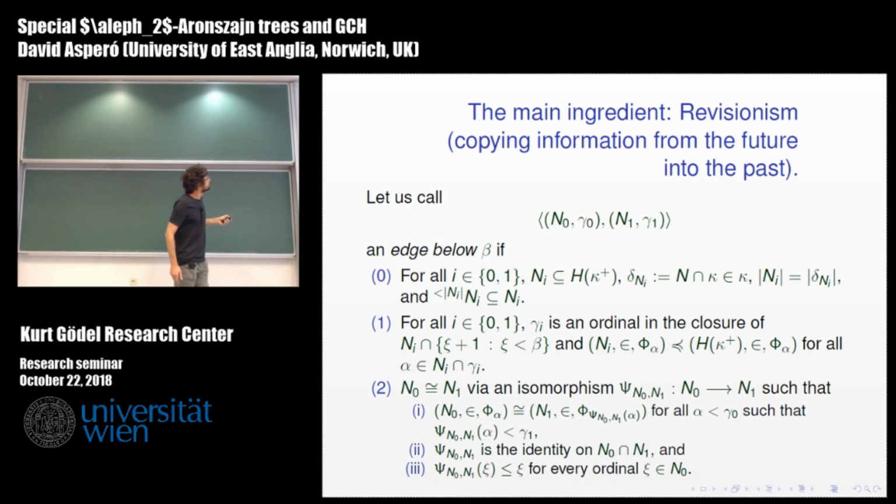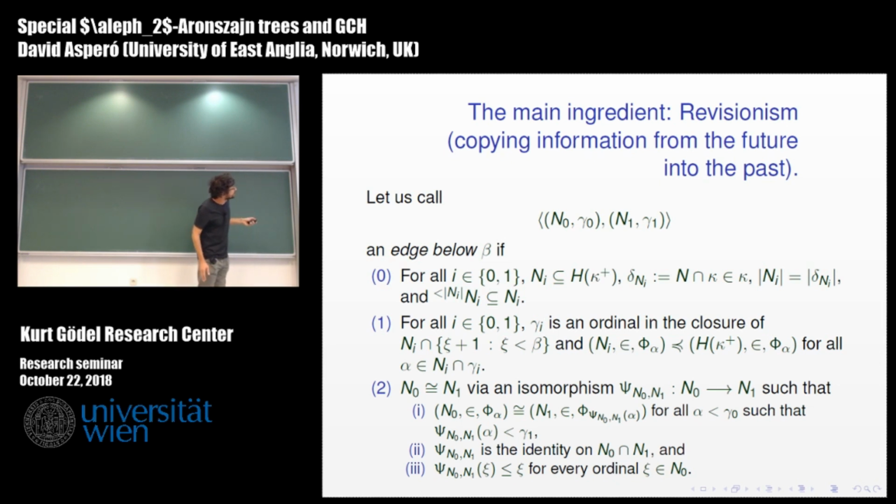Now these two models are isomorphic by this isomorphism. In particular they have the same height, but they are isomorphic, and the isomorphism respects the predicates. So N0 with phi alpha is isomorphic to N1 with phi of the image of alpha whenever alpha is less than the marker and the image is less than the marker of the other model, so whenever this makes sense.